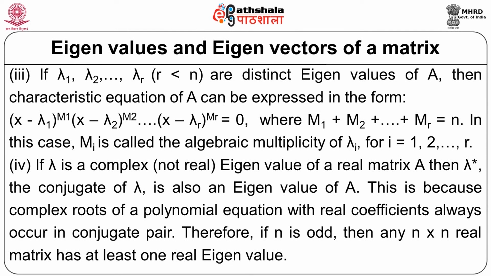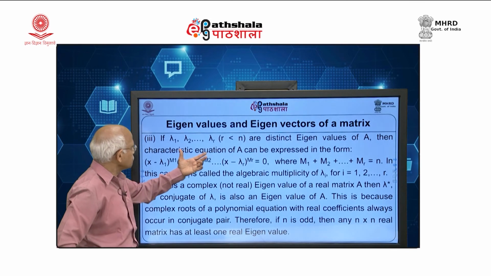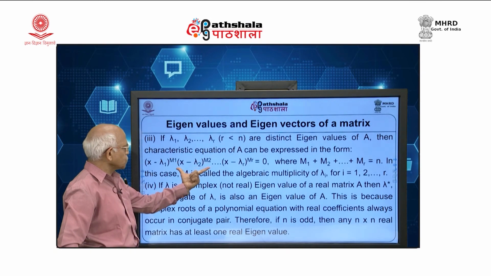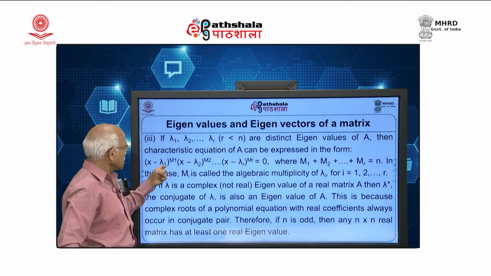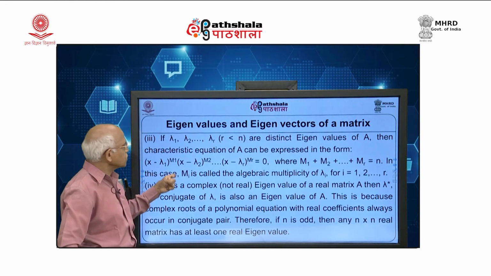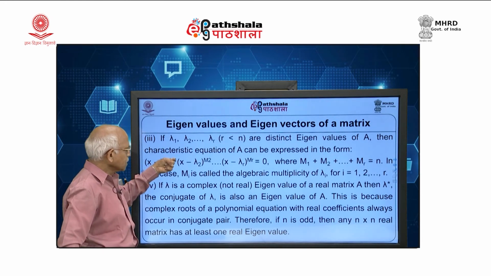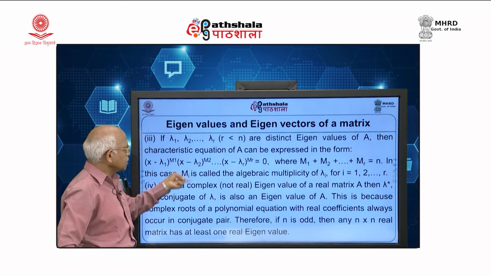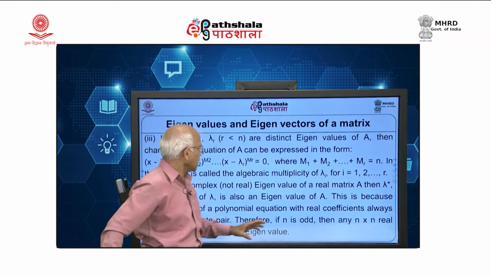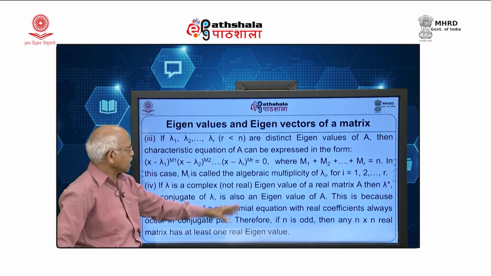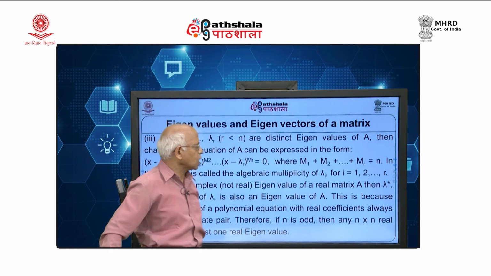In this case m i is called the algebraic multiplicity of lambda i. So, if lambda 1 is a root of this characteristic equation which is repeated m 1 times, then m 1 is called the algebraic multiplicity of lambda 1, and similarly m i will be called the algebraic multiplicity of lambda i for all i equal to 1, 2, 3 up to r.